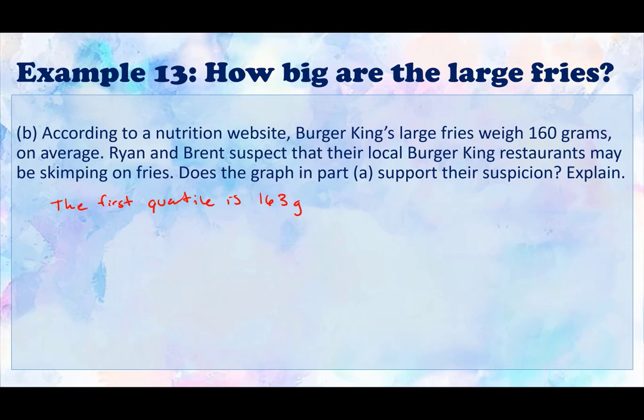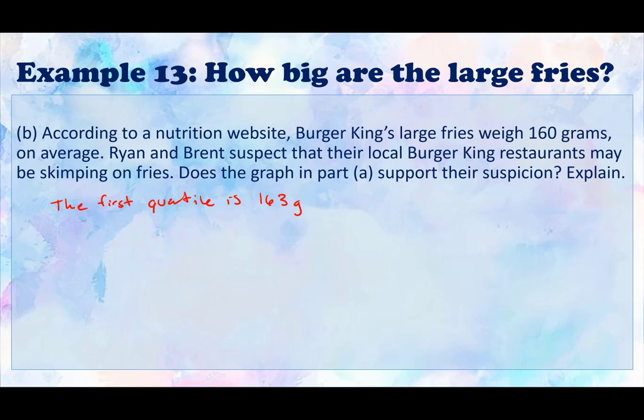Now, because our first quartile is 163 grams, that means that 25% is under 163 grams, but that means that 75% of the fries were over 160 grams. So that means that they're not skimping. In fact, it seems like they're giving them more fries.